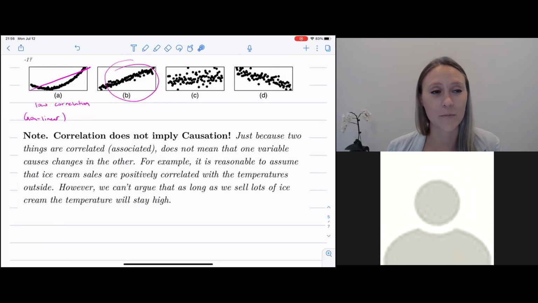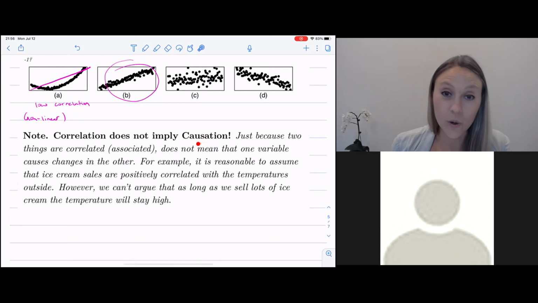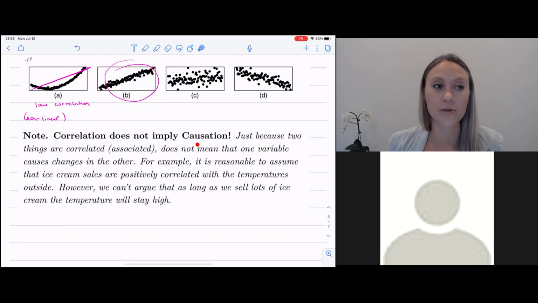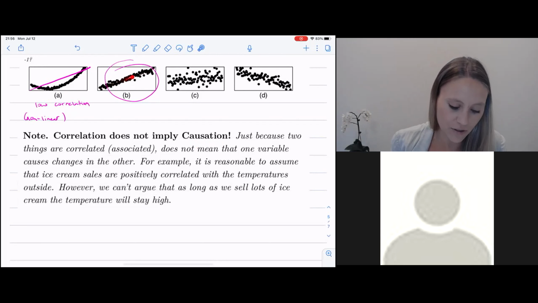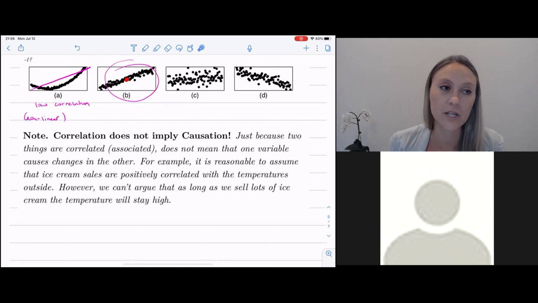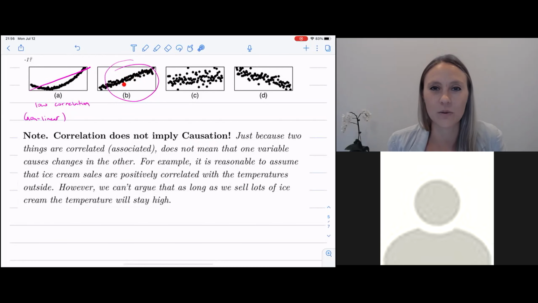So it's really, really important that we're not throwing the word causation around. Because two things are correlated, even if you have this really strong correlation here, you're not allowed to say because correlation does not imply causation, right?